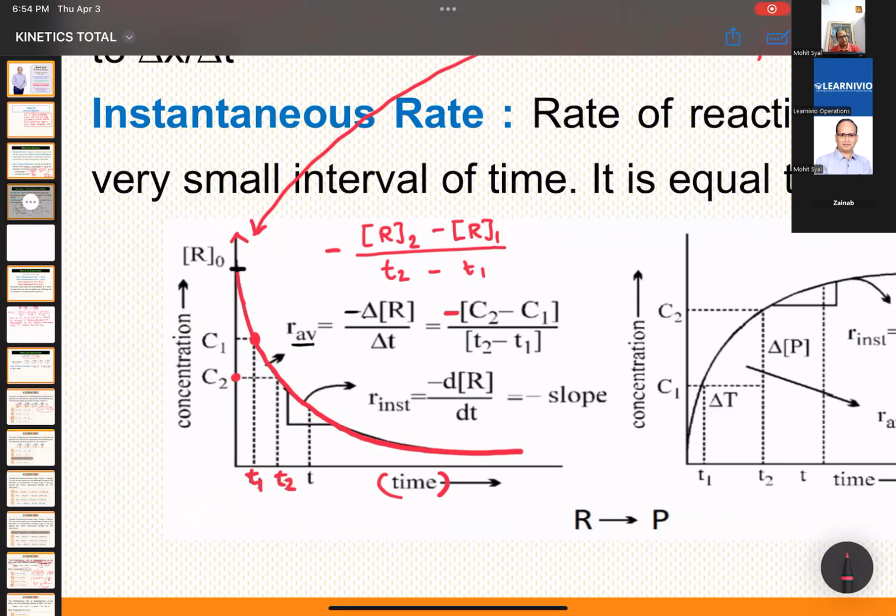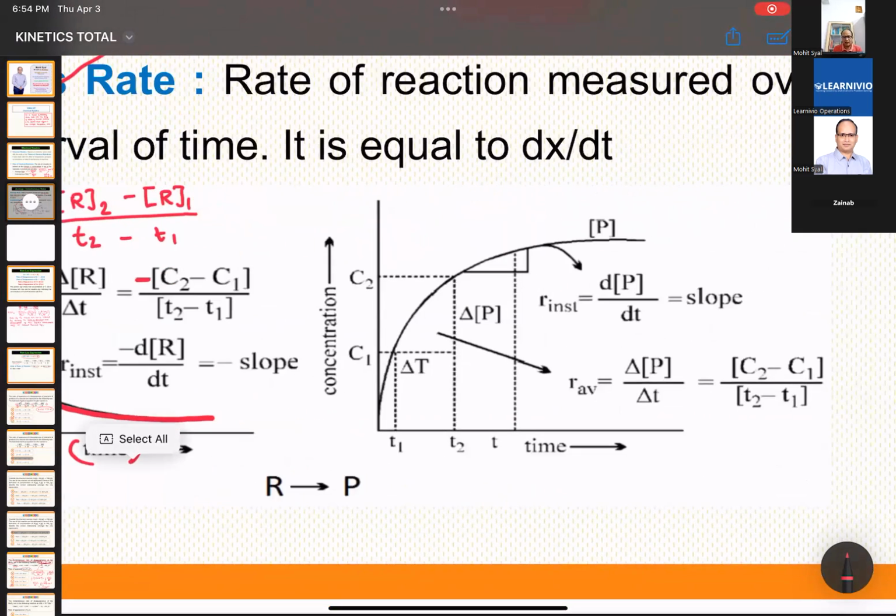Now you can also calculate the change in concentration of product. If you look at the concentration of product, it is going to increase. As time progresses, it is increasing. You can see over here, it is moving up.